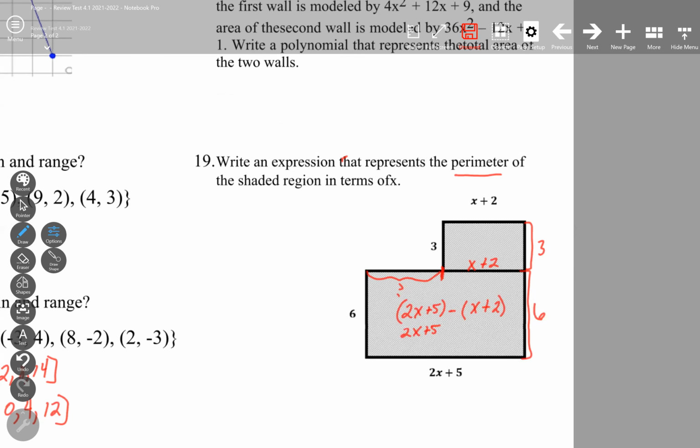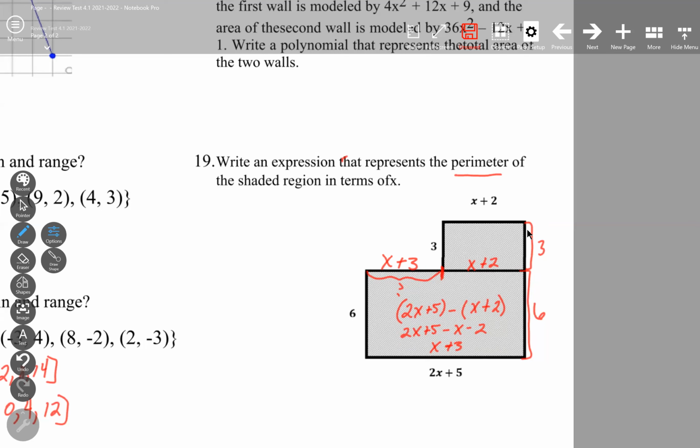And then remember, subtracting means to multiply everything in the second set by negative 1. So just change the sign. So x will become negative x. Positive 2 will become negative 2. And then we combine like terms. So 2x minus x is x. And 5 minus 2 is positive 3. So this piece right here would be x plus 3.